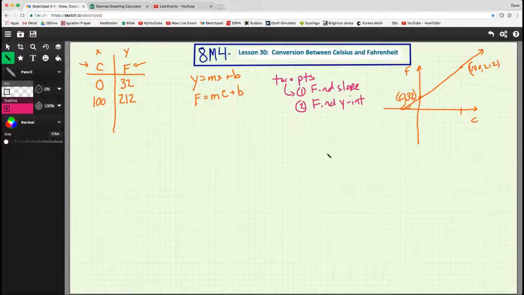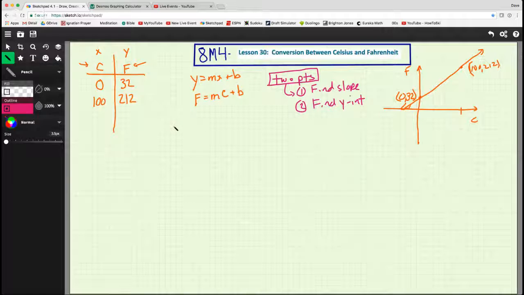Some of you may be noticing that you actually have a y-intercept here, but let's just do this the traditional way, because you could do this the other way. Because we have this y-intercept, we actually could find the y-intercept first and then go to the slope. But let's do it the other way, because it's a little harder and it will always work, since one of your points isn't always a y-intercept.